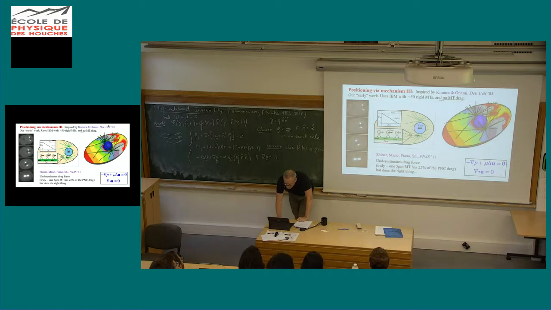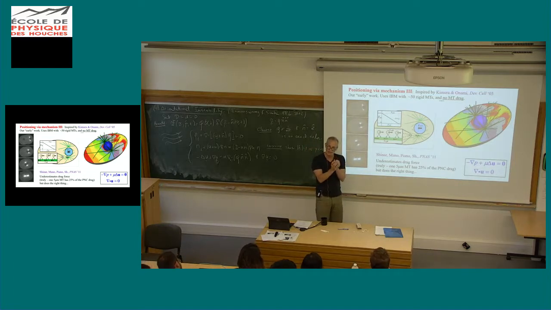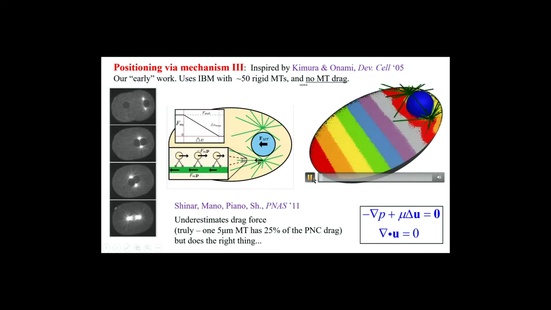And here's an early simulation that we did about 7-8 years ago of this kind of centering process, where it's the model where I have payloads being carried along microtubules and in that way exerting forces. Okay, so this is a 3D fluid mechanics simulation.